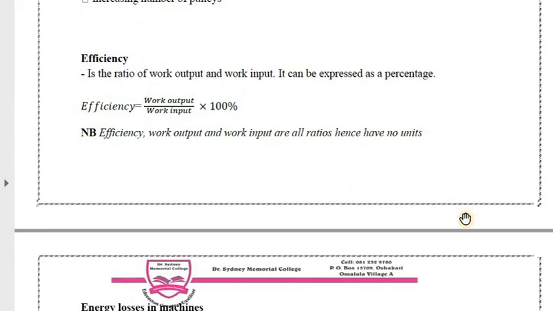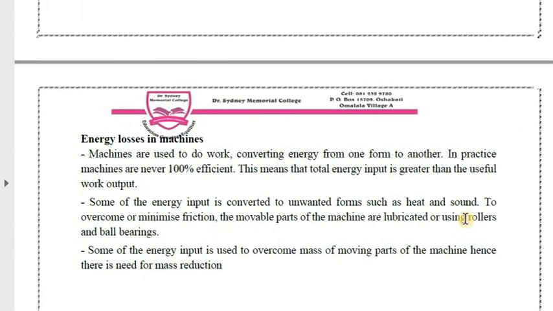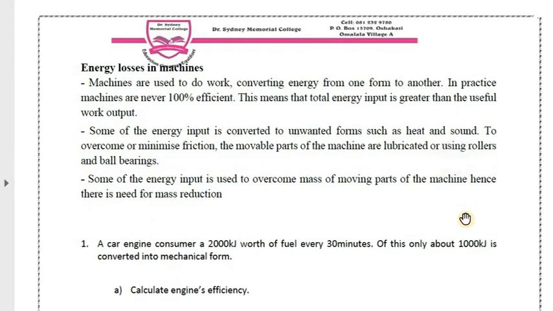If we put in 50 kilojoules of energy, did we also get out 50 kilojoules of energy? Then you have 100% efficiency. But with most machines, if you put in a certain amount of energy, less will be produced, because some of the energy is lost in the form of heat or sound.